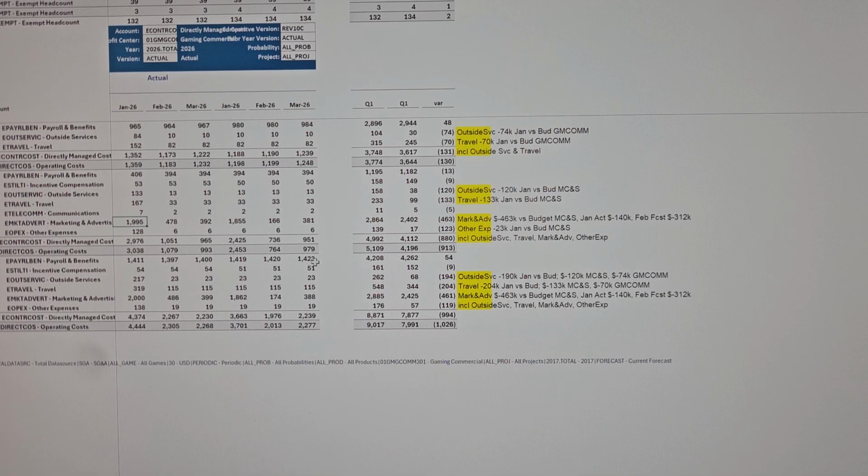For instance, this marketing and advertising, it adds up to 463 and it looks okay month to month, but the forecast in February, we must have updated the forecast to be much higher than what the plan was.